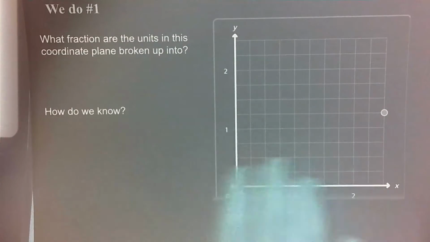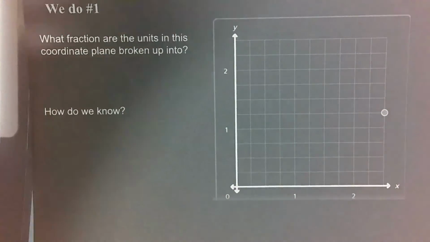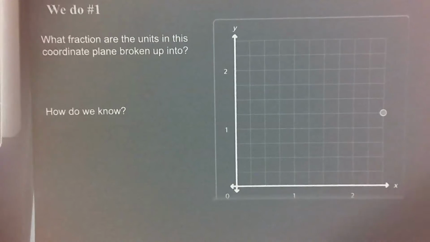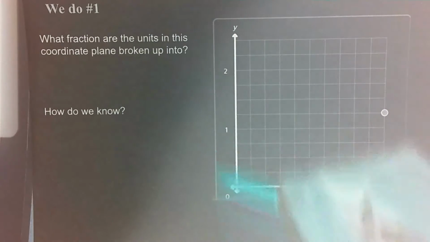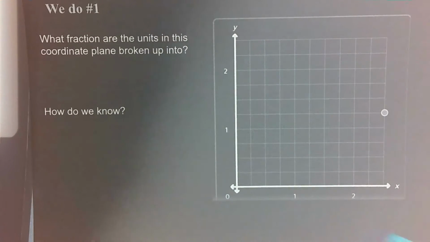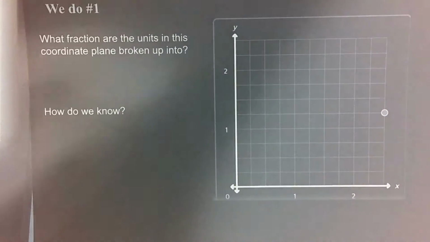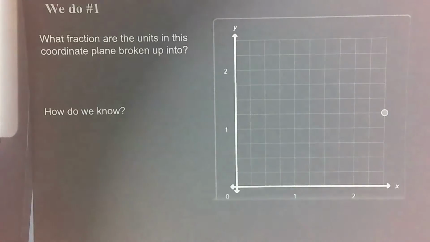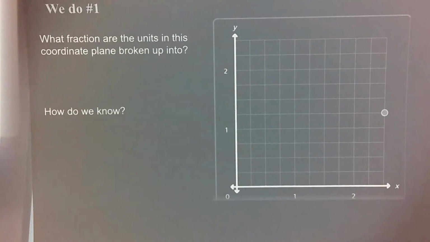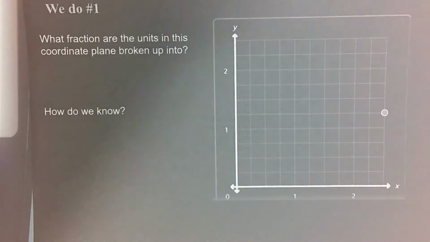Now, in this lesson, we're going to be asked to plot points where the x and y values, the coordinates, the numbers that we have to climb and crawl, are going to be fractions. So first, let's look at this coordinate plane. Let's ask ourselves, what fraction are the units in this coordinate plane being broken up into?